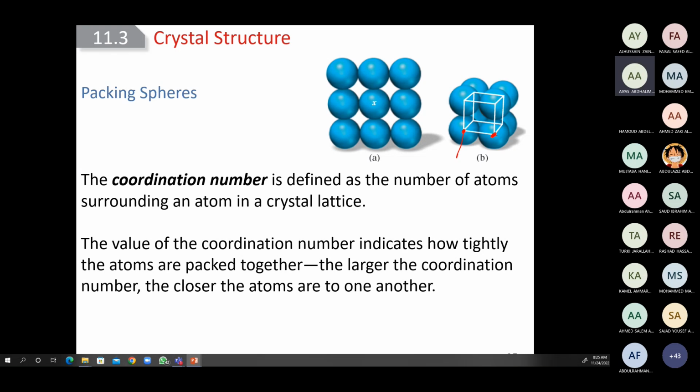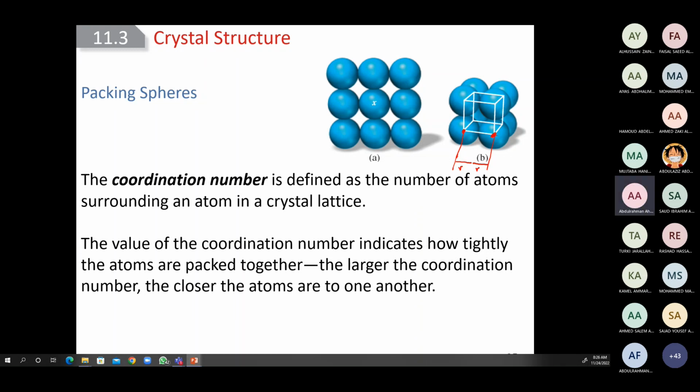The radius of the lattice point. Each one is the radius, and the total is the diameter, if it's the same atom. Exactly, 2R. So this distance is 2R in this case.